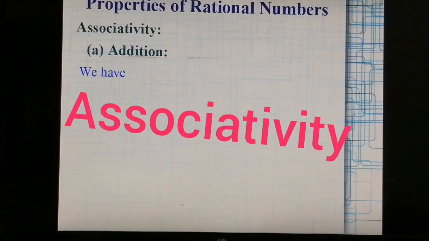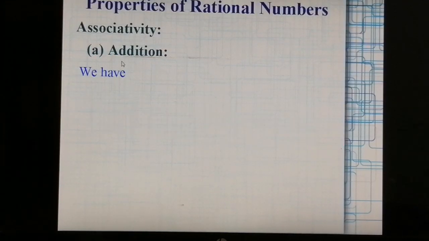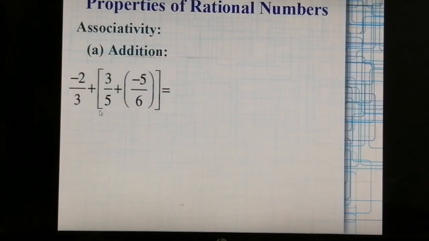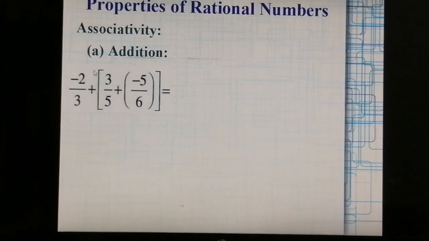Now the next property is associative, and the first operation is addition. In this we need to take three rational numbers, and the operation is addition, that's why we put the plus sign between them, and we can solve it like this.